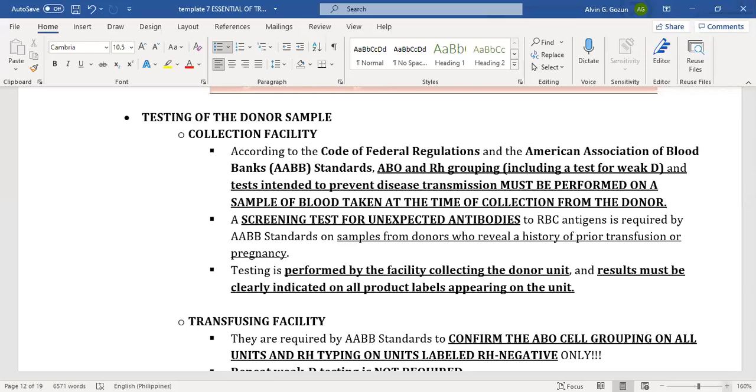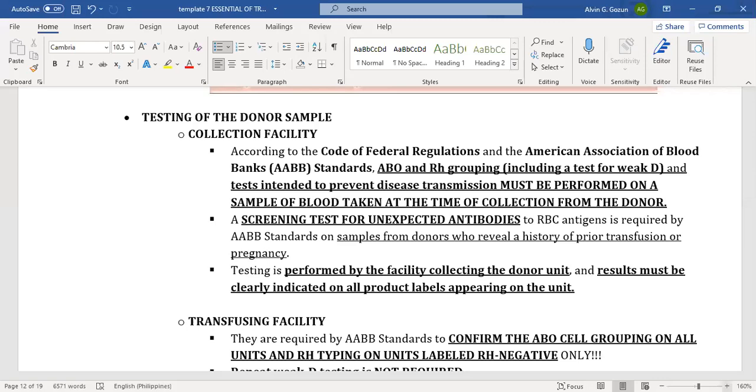Doon kinolect yung dugo ni donor. And then, si pasyente or recipient naka-confine sa Divine Mercy. Collection facility, CVMC. Nagigets siya ba? Okay. So sabi dito, according to the code, doon muna tayo sa collection facility.